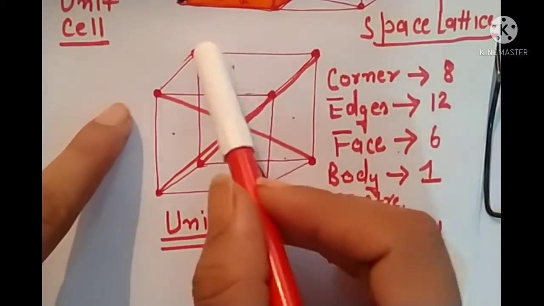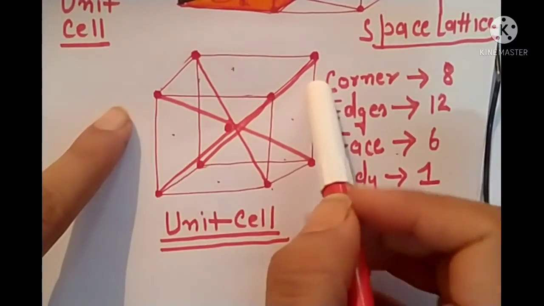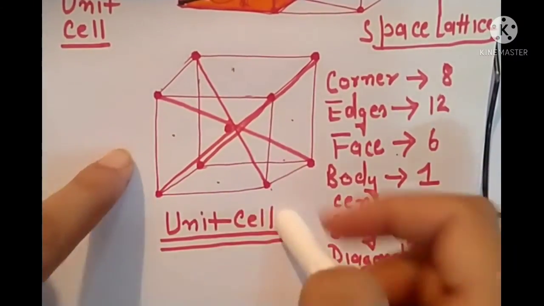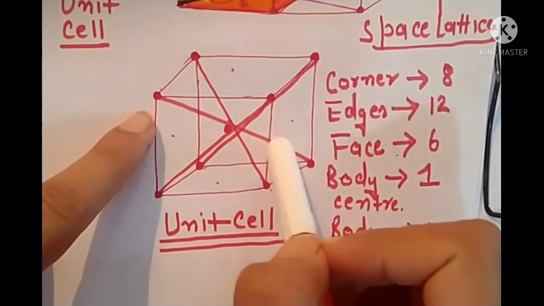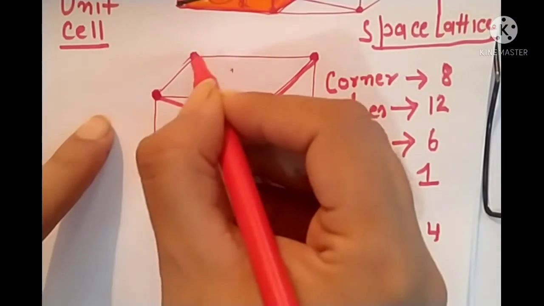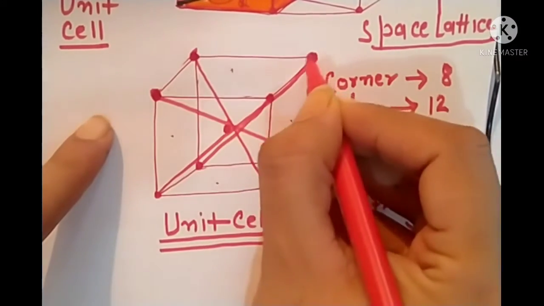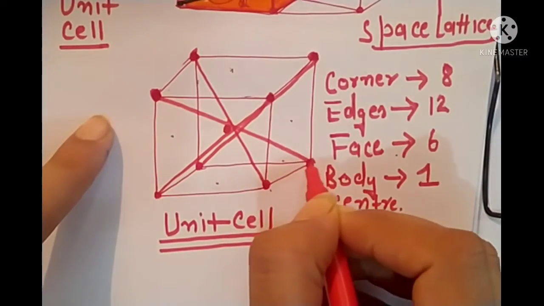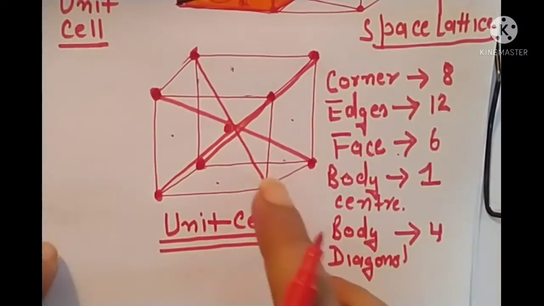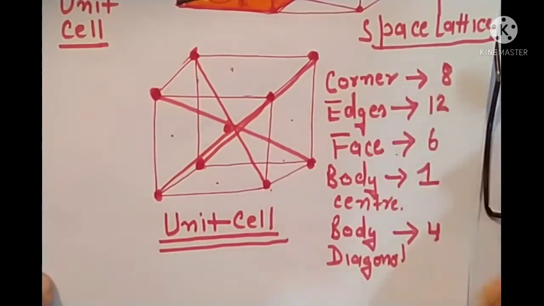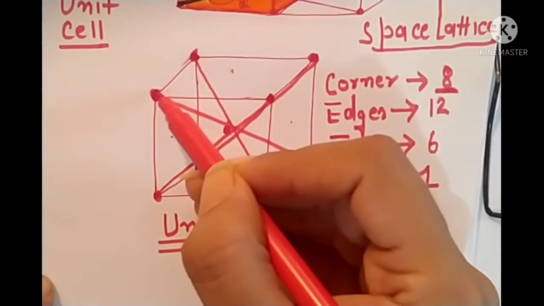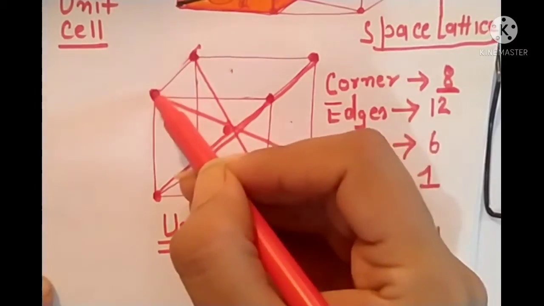Now here I have drawn a unit cell. You can see the number of corners in a cube. Here in a cube there are 8 corners: 1, 2, 3, 4, 5, 6, 7, 8. How many edges? Edges join two corners.